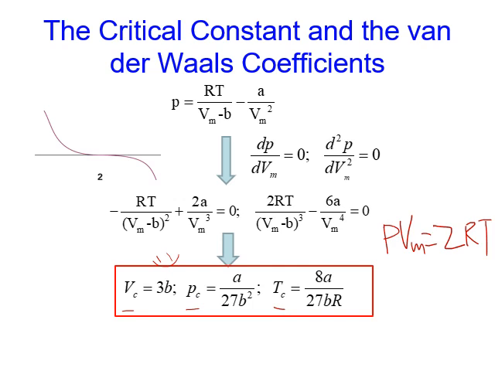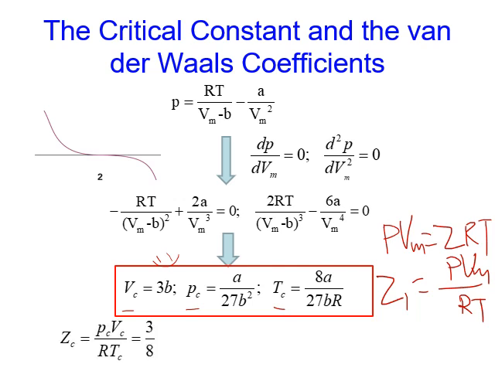So Z can be calculated by PVm divided by RT. At the critical point, the pressure should be the critical pressure, the volume should be the critical volume, and the temperature should be the critical temperature. So plug in all these constants, and what we find is 3/8.